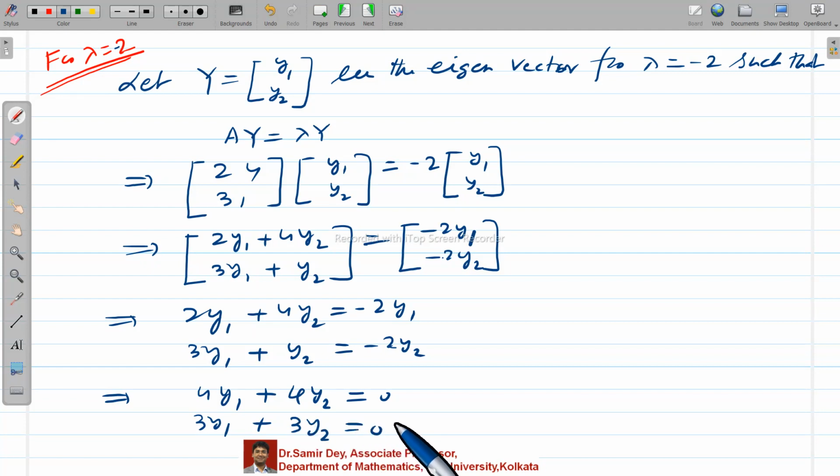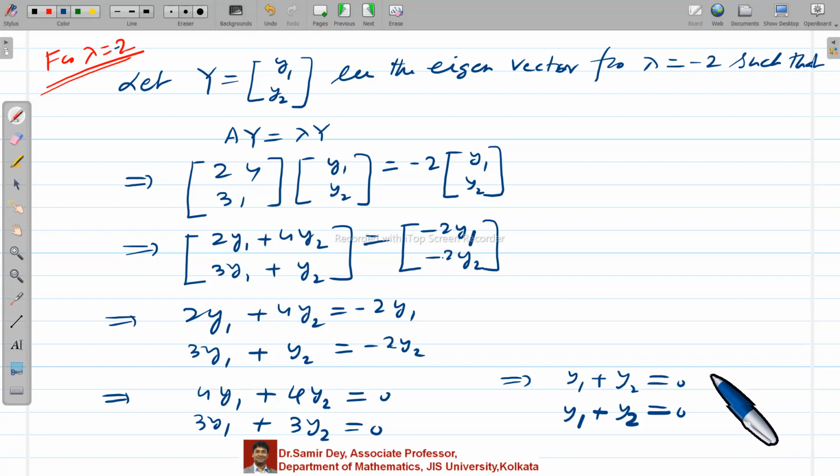Now we can see, here 4 is common, here 3 is common. If we take 4 or 3 common, ultimately we have y1 plus y2 is equal to 0 and y1 plus y2 is equal to 0. Please check. If you take 4 from the first equation, it is coming y1 plus y2 equal to 0, and in the second, if you take common 3 from here, it is coming y1 plus y2.